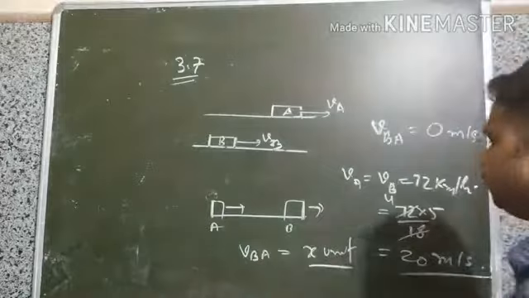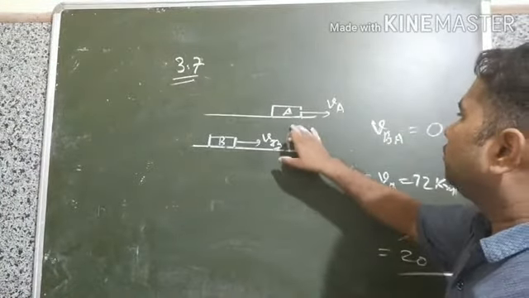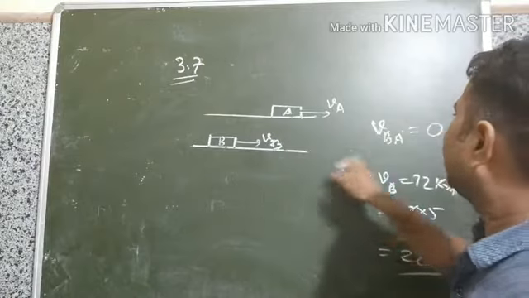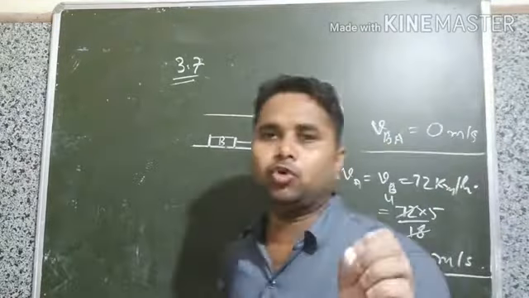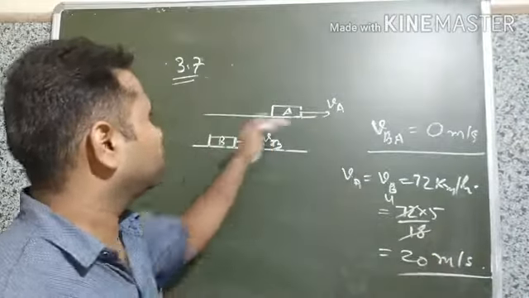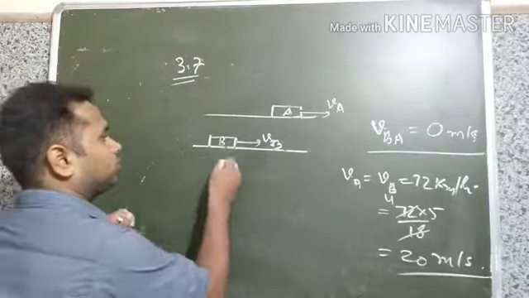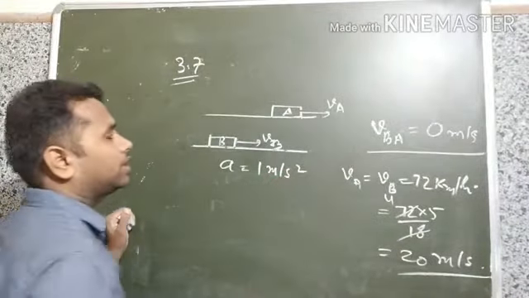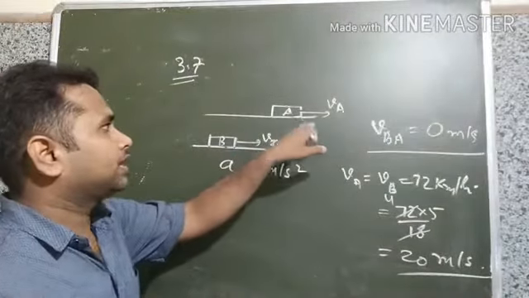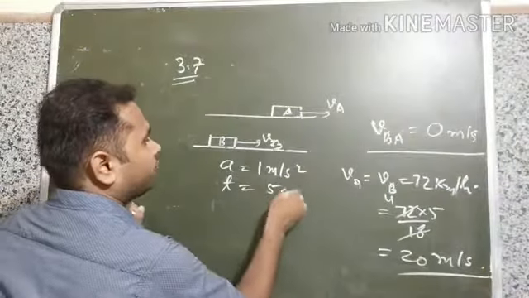See the question which we are discussing here. Both are in motion. We have calculated VBA. Why was VBA calculated? Because B has to overtake A. For this, B accelerates uniformly with acceleration 1 meter per second square, and it is given that it overtakes A in time 50 seconds.